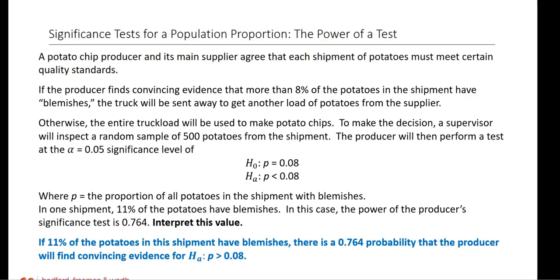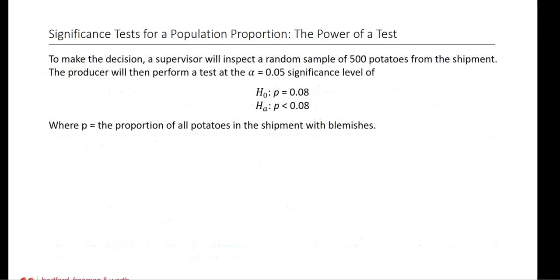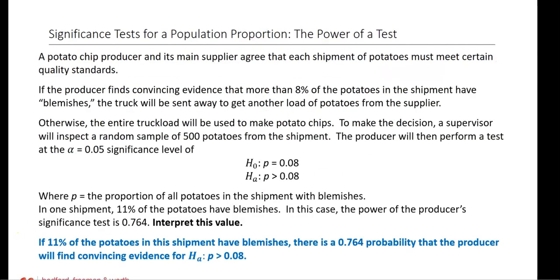They said it correctly in the blue there, but not in the above. Sorry. If 11% of the potatoes in the shipment, in other words, if we take a statistic of 11%, there's a 76.4% chance that the producer will find convincing evidence for the alternate, which is that the percentage is greater than 8%. It bothered me that it needed to be fixed. Let me fix this. Okay, I fixed that. Now it's going the right way.